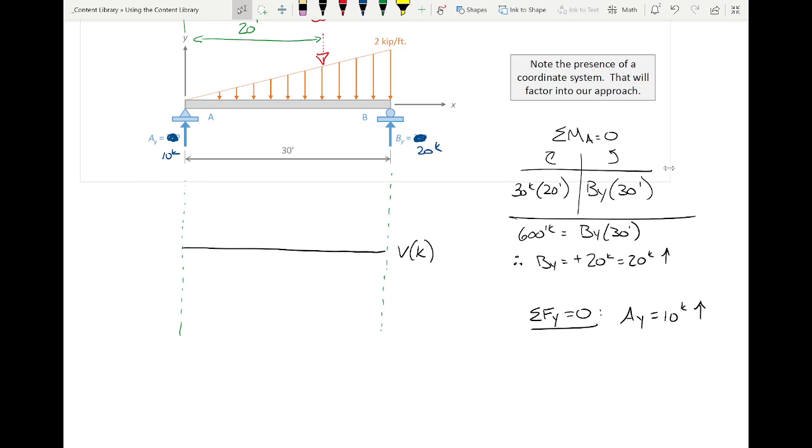I'm going to start at 0 and jump up 10. So this is 0, and this is 10.